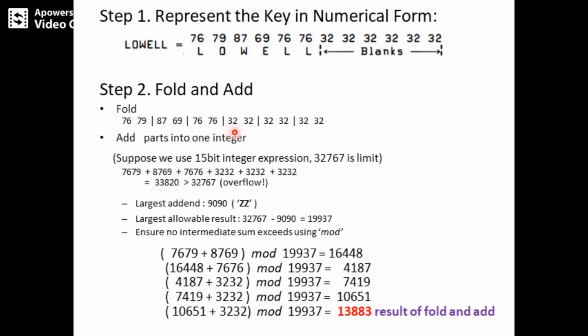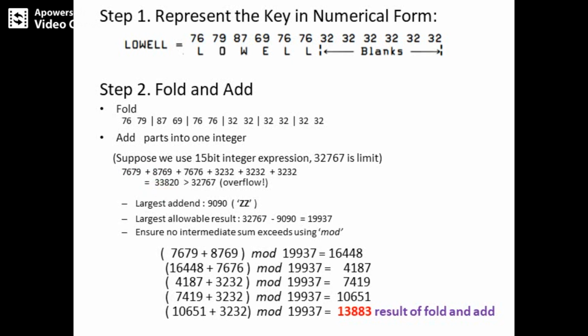Next comes 3232, once again 3232 and 3232. Now you have folded it, right? Now how can we add it? I take the first fold 7679 plus the second fold 8769 and so on, and add them. After adding, I got the result as 33820.